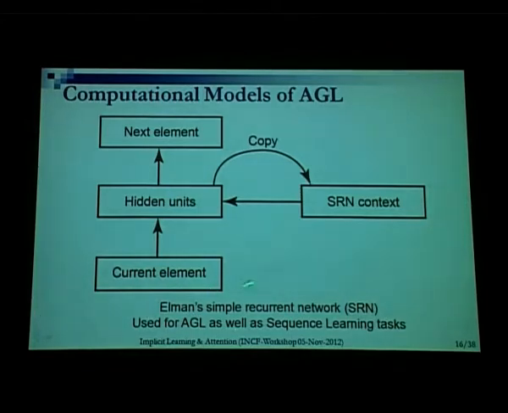Elman's simple recurrent network is a 3-layered backpropagation type of learning method, where you have an input layer, hidden layer and output layer, and the hidden layer has a one-to-one copy of the previous activations kept in a context layer, and this combines with the next input. As you can see, as time goes on, the temporal window in which this context looks increases.